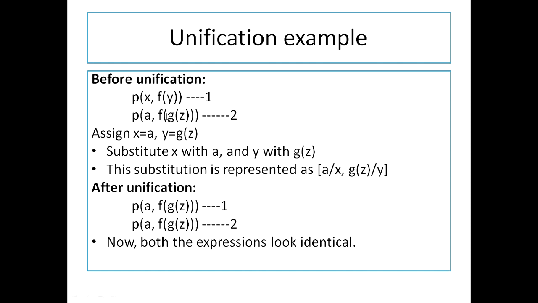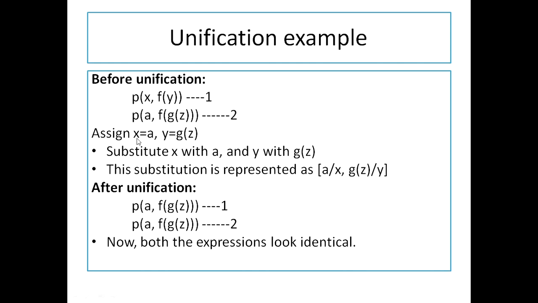Before we apply unification, these two expressions are in this form: p of x comma f of y. Here p is a predicate symbol, x is a variable, and f of y is a function of the variable y. And we have another expression, p of a comma f of g of z. Here a is a term, and f of g of z is another term.